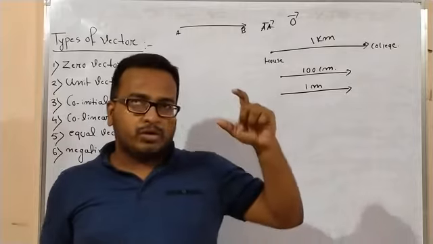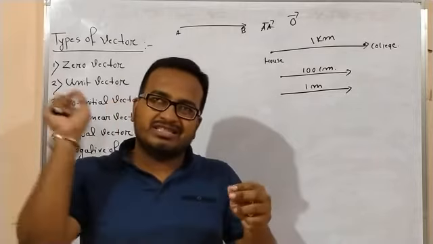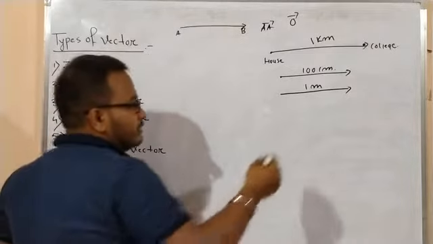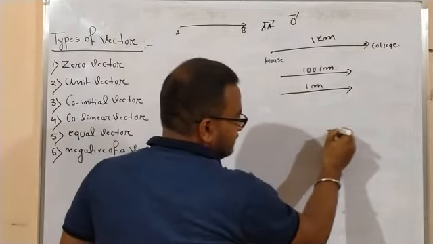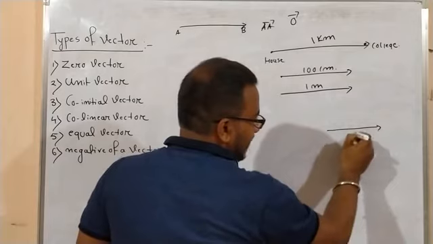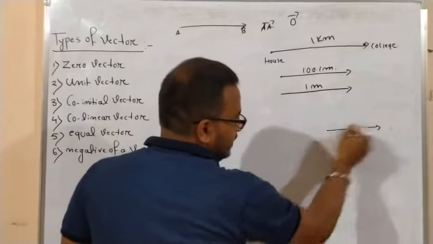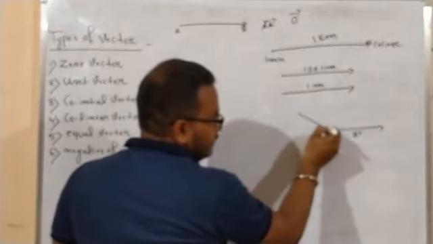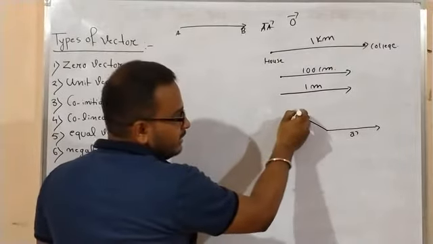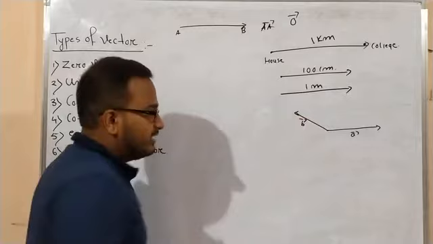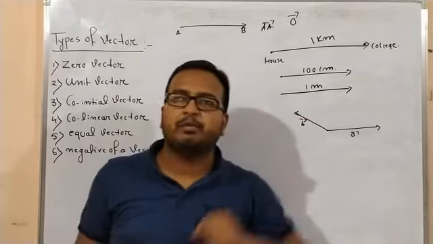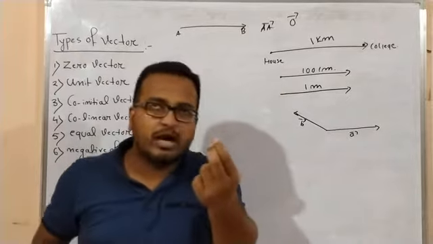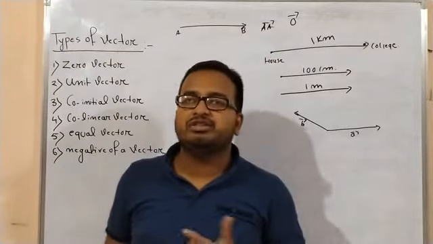So if two vectors pass through the same initial point, for example, suppose this is your vector A, with this initial point and this terminal point, and you consider another vector B with the same initial point, then these two vectors are known as co-initial vectors. That means whenever two vectors have the same initial point, both vectors are called co-initial vectors.